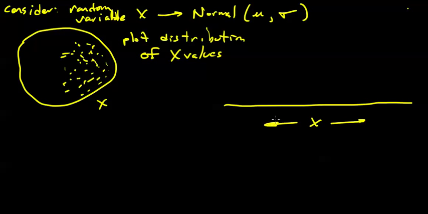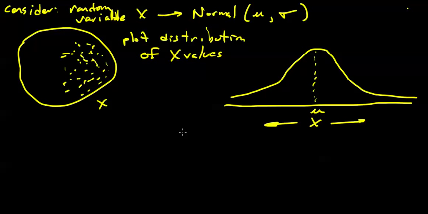Our horizontal axis represents all the possible x values, theoretically from negative infinity to positive infinity. Basically, you get a bell-shaped distribution. Why? Because that's what normal means, bell-shaped. The bell will peak at the population mean and will be spread out according to the standard deviation, whatever that value is.